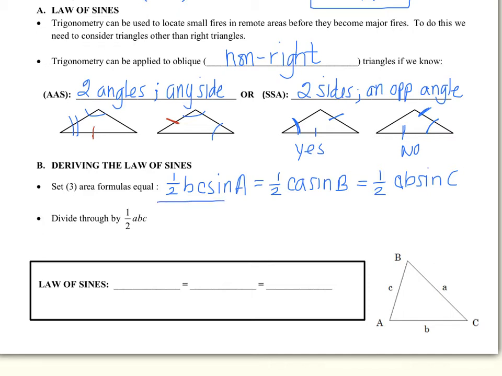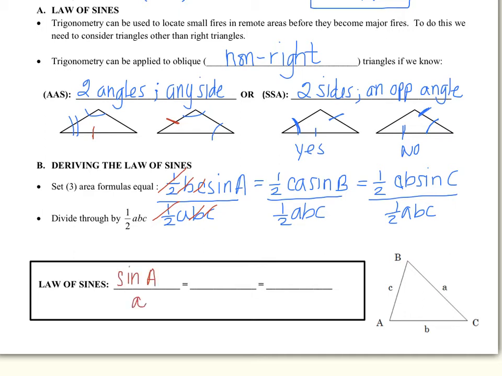If you divide all of these formulas through by 1/2 ABC, let's look and see what happens. The 1/2s cancel, the B's cancel, and the C's cancel, and that leaves me with the sine of angle A divided by side A. Let's do the same thing for the middle one.